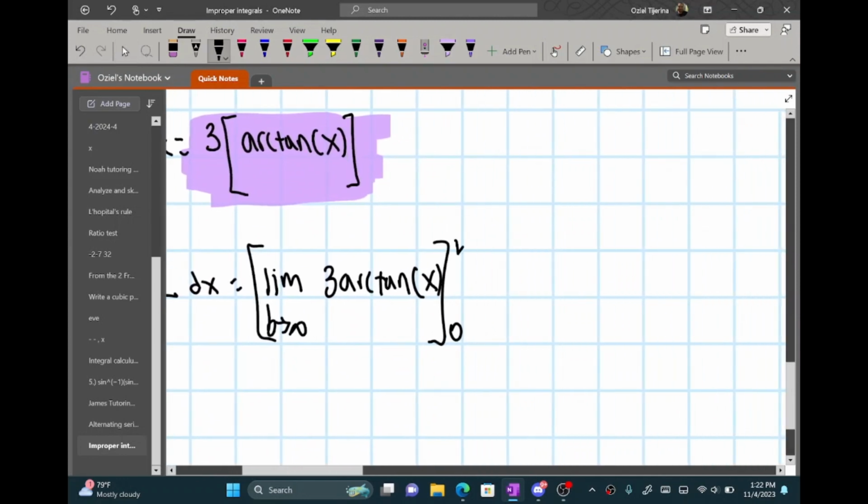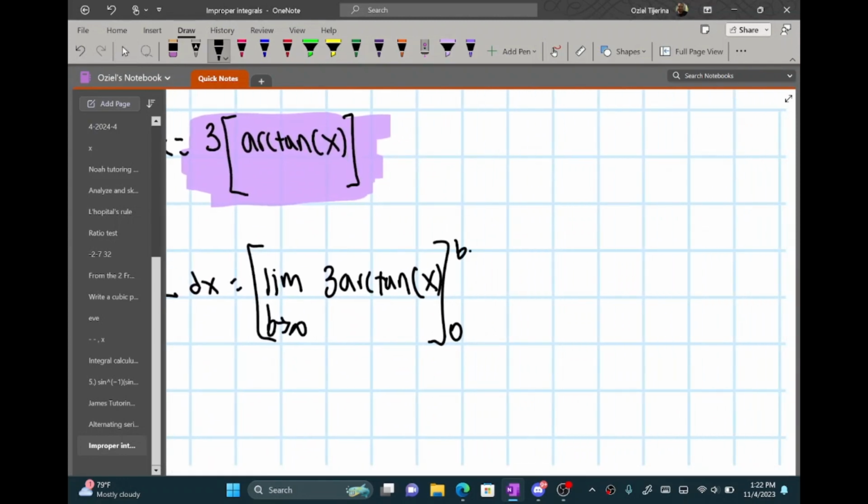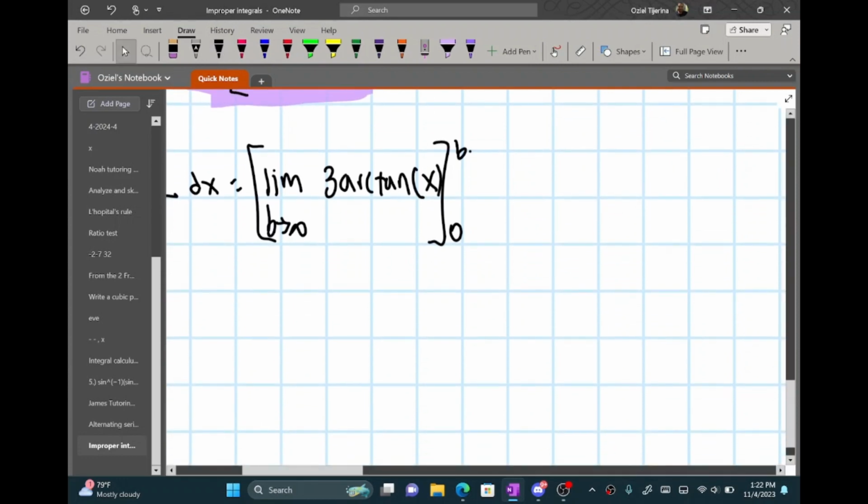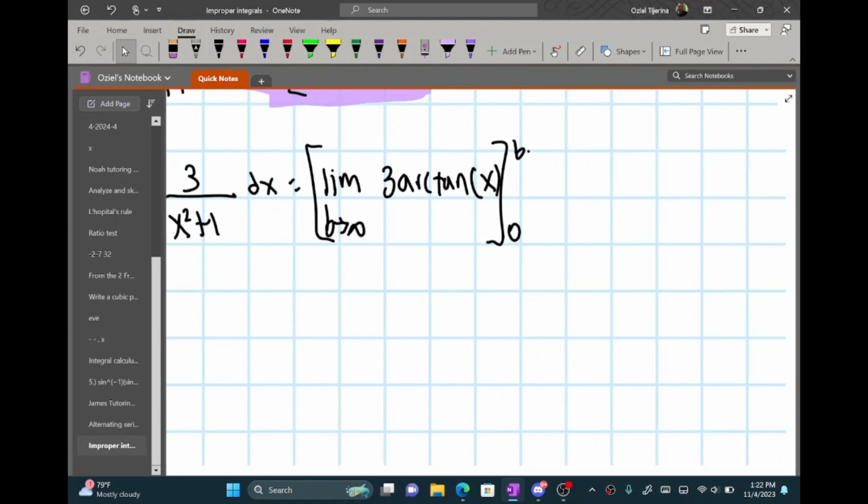Here, we're gonna go ahead and evaluate this. Now, we know that this is gonna be 3 arctangent of b minus 3 arctangent of 0.